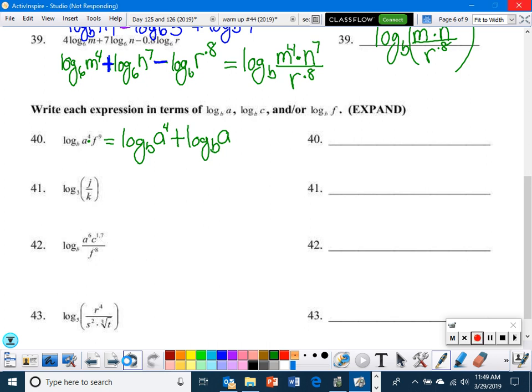Sorry, fixing my mistake. Now the 4 and the 9 are exponents, so that's the power property. They need to go in the front.